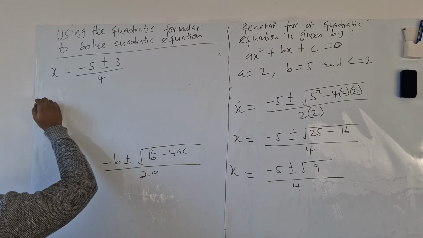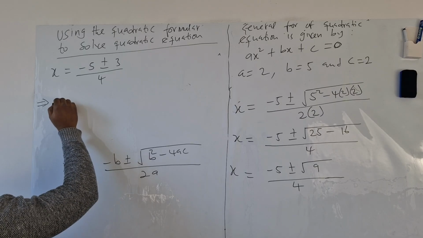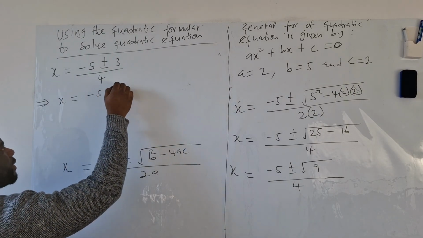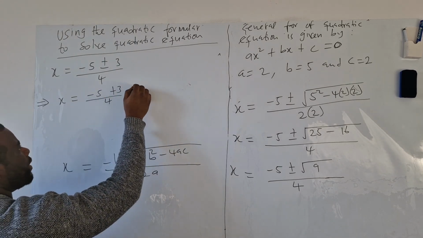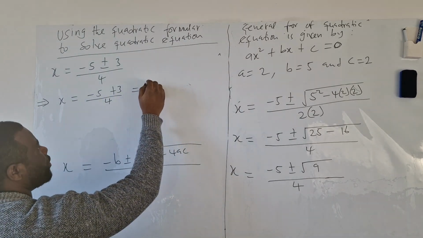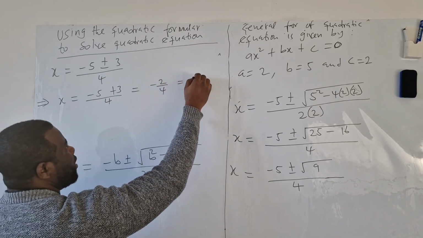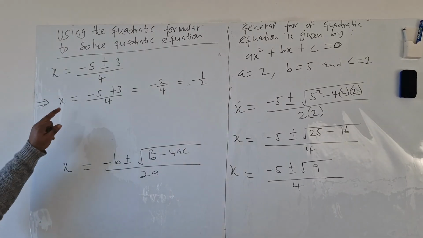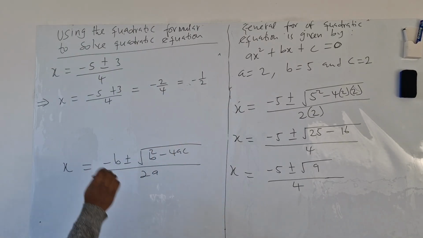Taking plus, it implies x is equal to minus 5 plus 3 on 4, and this is equal to minus 2 on 4. That will give us minus half. So you have one value of x to be minus half. Let's look for the second value of x.